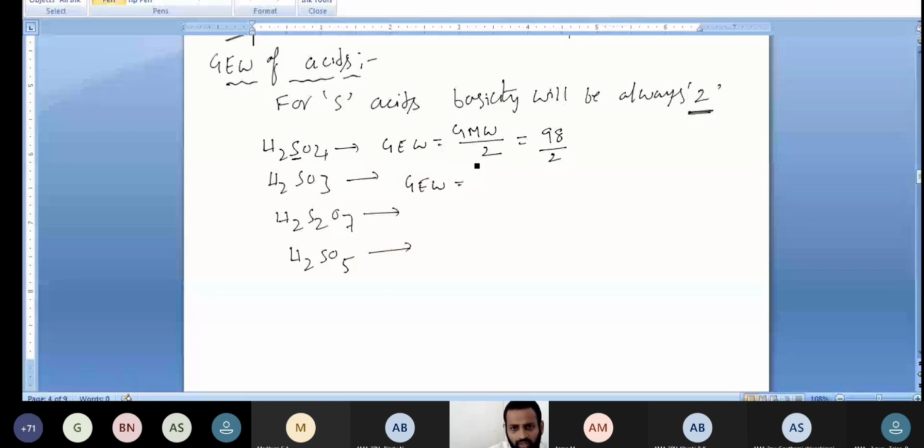So here also gram equivalent weight is equal to gram molecular weight by 2. Same story, no change. So sulfur acids, no worries there. You can take directly. Got it, everyone? So this is the most important thing, sir.